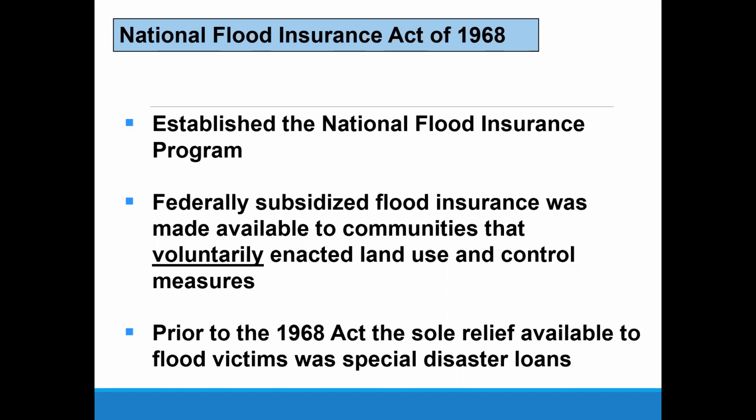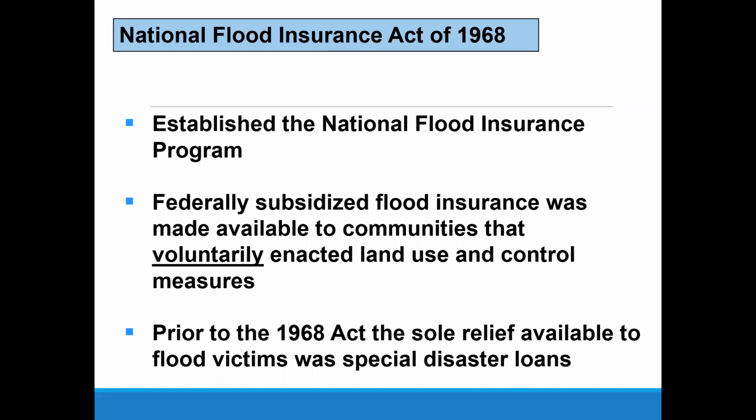After this time, in 1972, Hurricane Agnes on the East Coast caused a lot of devastation to thousands and thousands of homes, and there were casualties. Only a few structures at that time had taken advantage of the federally subsidized flood insurance, so most of the homes that were damaged were not insured.